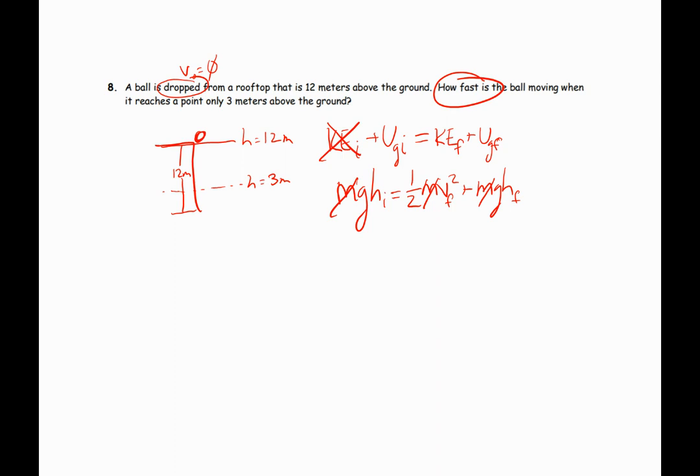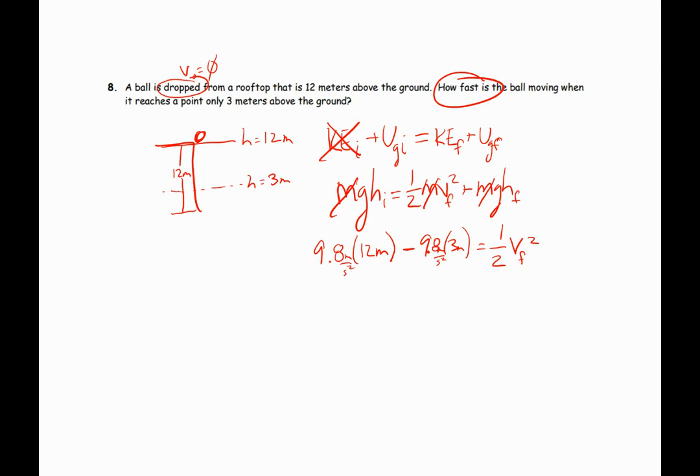Don't always rely on the masses canceling, but in this case, they cancel. So we end up getting 9.8 meters per second squared times 12 meters minus 9.8 times 3 meters per second squared times meters is equal to 1/2 v final squared.